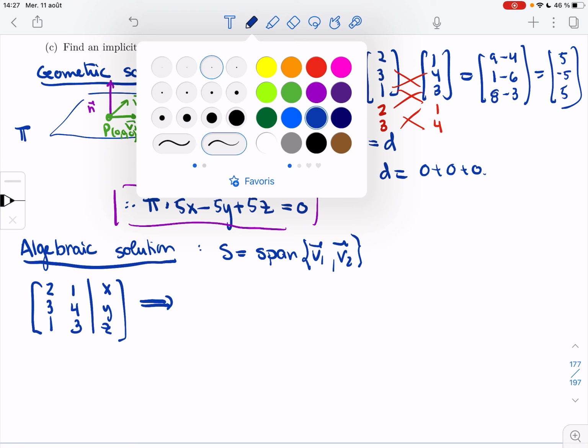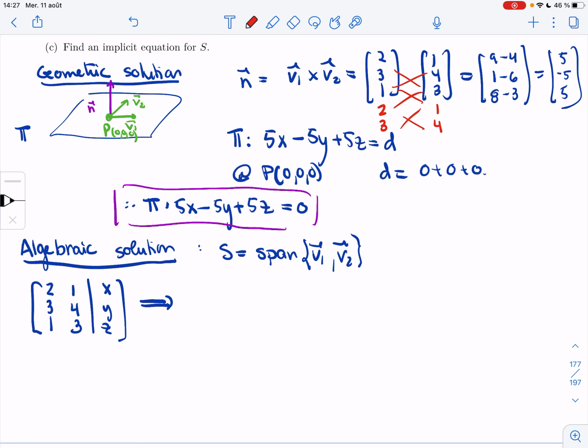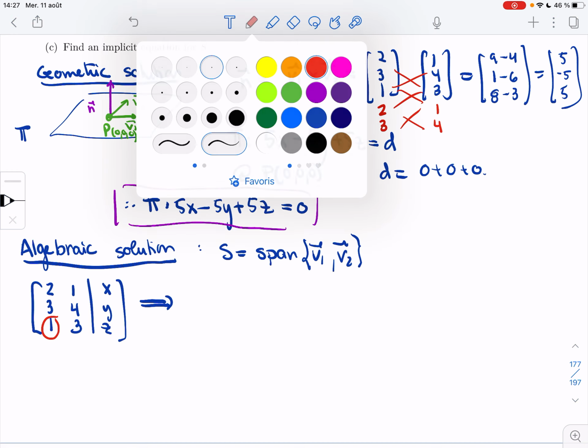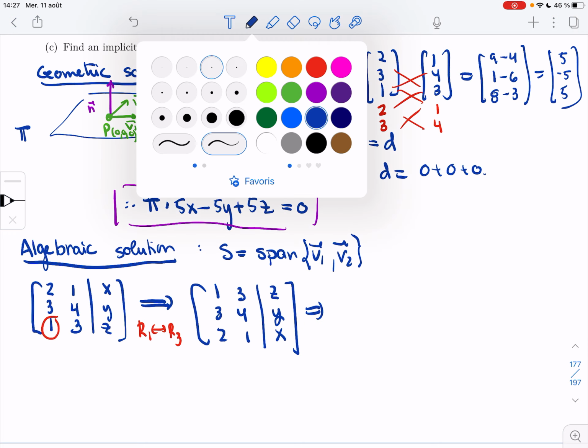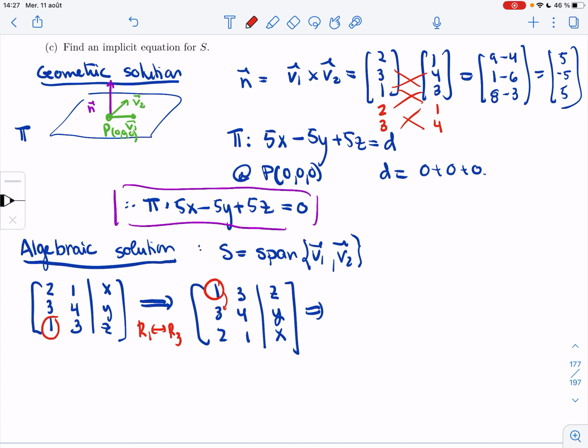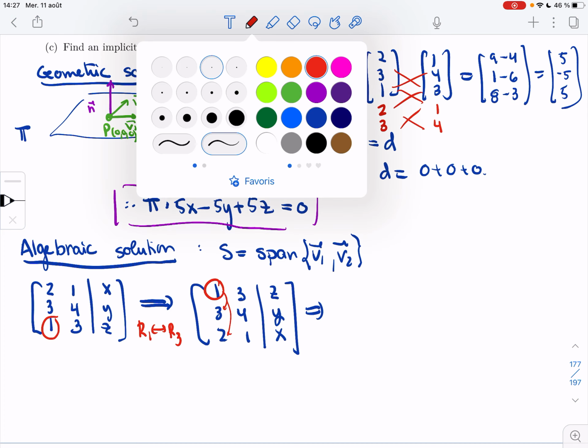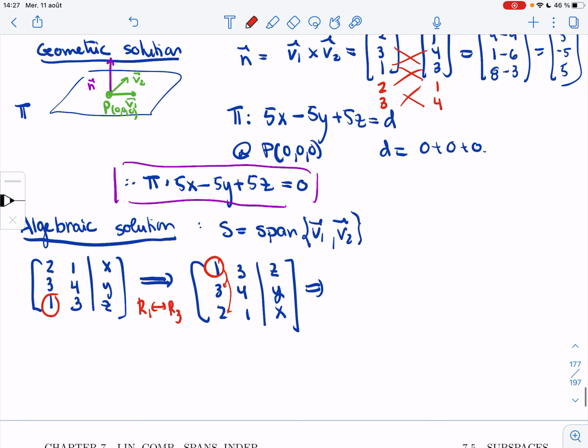I like to pick a leading one in the first column. I'm going to pick the 1. And so the first thing I'll do is R1 switched with R3 to bring my leading one to the top. I'm going to get 1, 3, z, and then 3, 4, y, 2, 1, x. All right, so once I have my leading one atop, I'm going to use it to clean the 3 and the 2. That's going to require row operations.